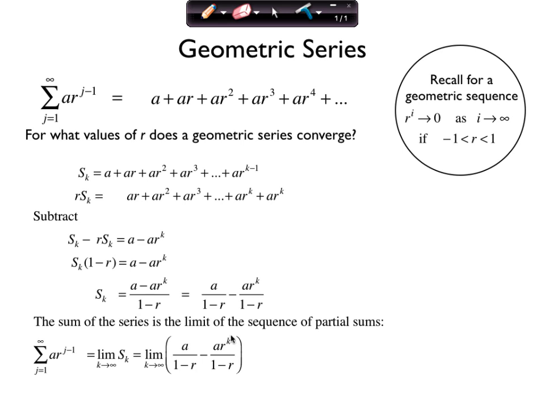When does the geometric sequence converge? When r is between -1 and 1. And what does it converge to? 0. So when r is between -1 and 1, what happens to that whole term right there? Goes to 0, right? So the limit of that is 0 when r is between -1 and 1. And then that limit equals this first term.